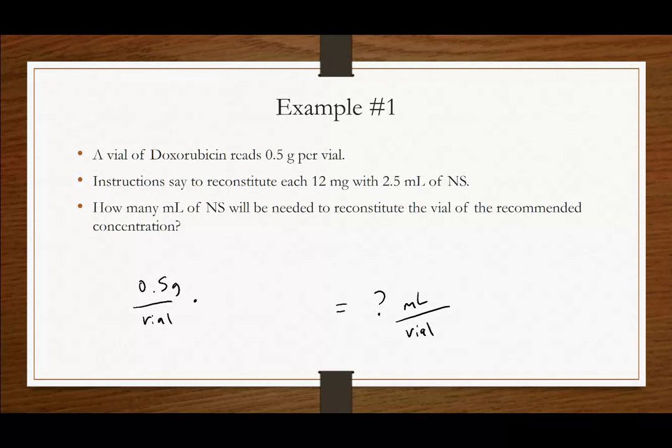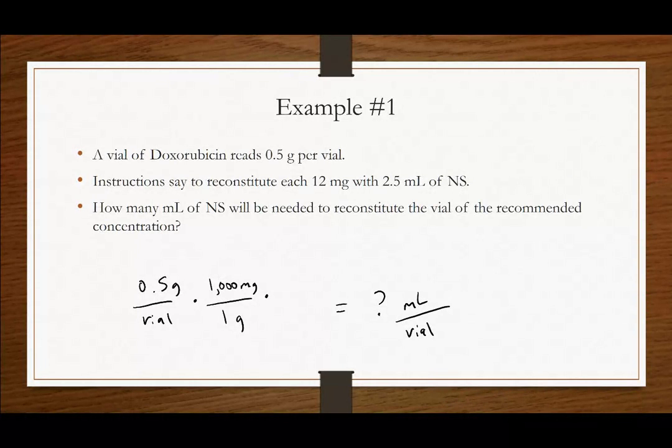So the first thing we'll need to understand is that because we're given grams per vial, it would be helpful to make the conversion from grams to milligrams. So our conversion here would be 1,000 milligrams for every 1 gram. So that will tell us the number of milligrams per vial.